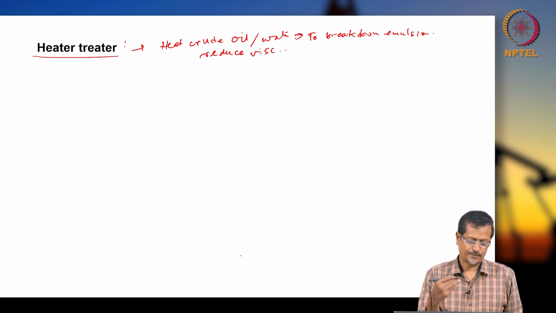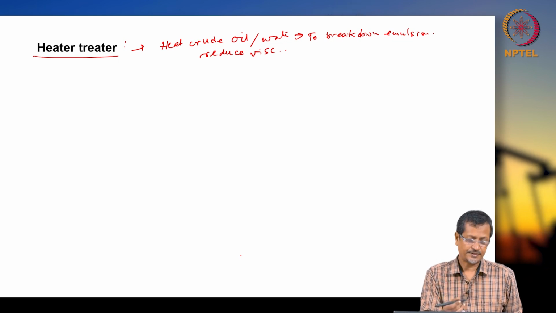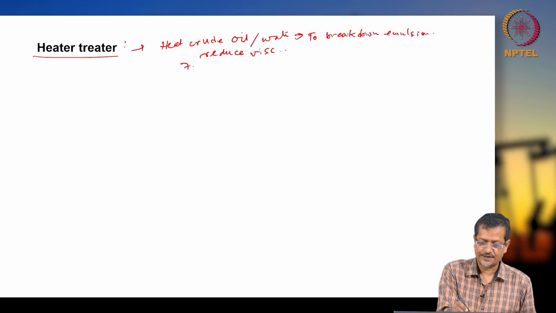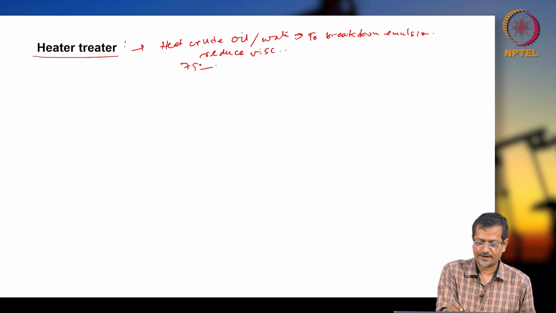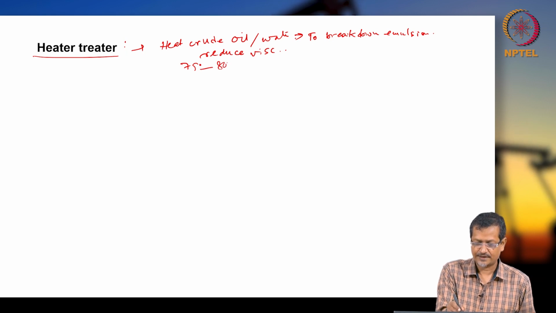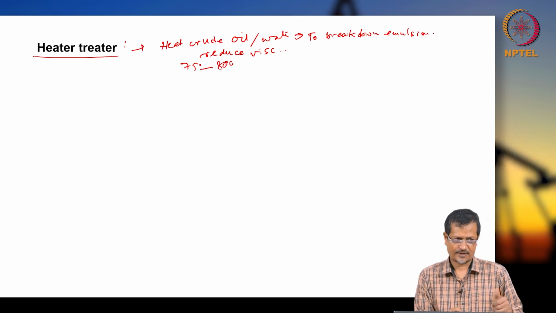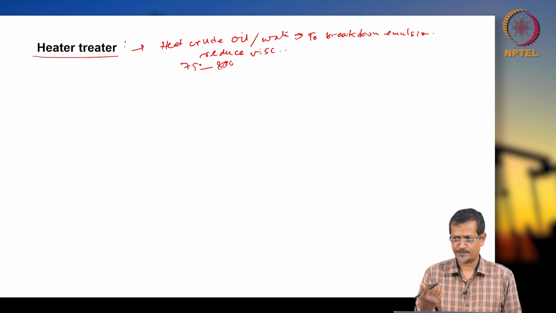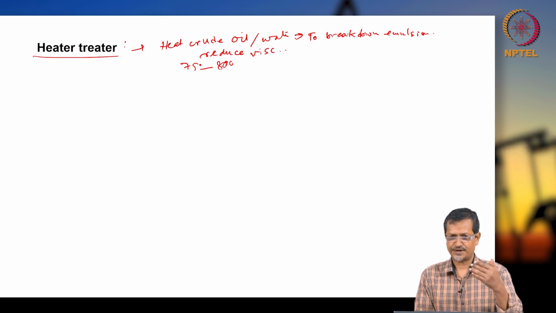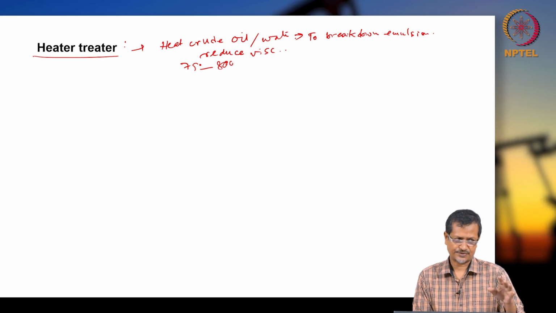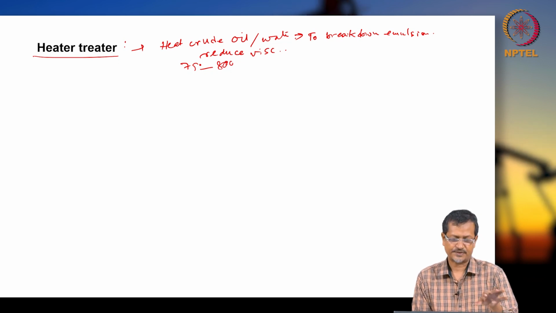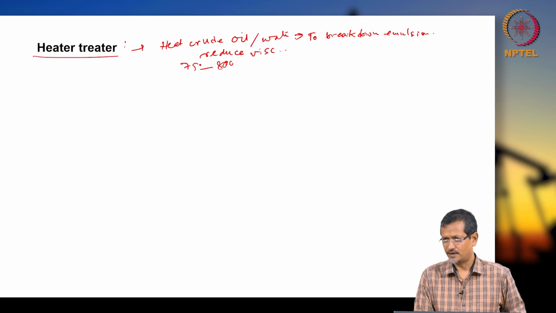The temperature rise will be about 75 to 80 degrees centigrade, and you have to convert it to Fahrenheit. This is a thumb rule, but the temperature increase will differ based on your viscosity, gravity, and what type of fluid you are using. Based on that, the temperature rise will be controlled.